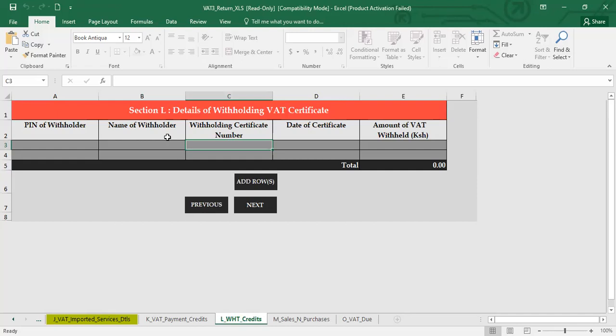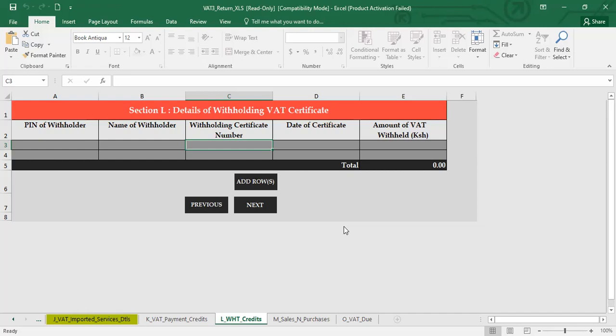You are making what we call purchases. When you are making purchases, there is a point we said there are some institutions, some people that are KRA appointed agents. When you are buying, you are making these purchases, they will withhold 2%.